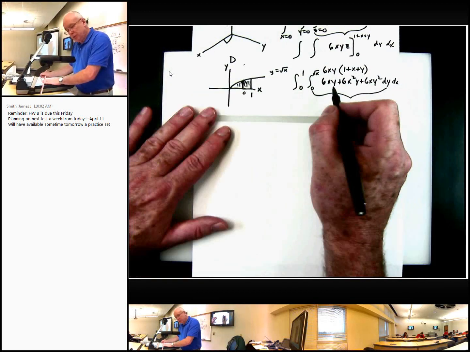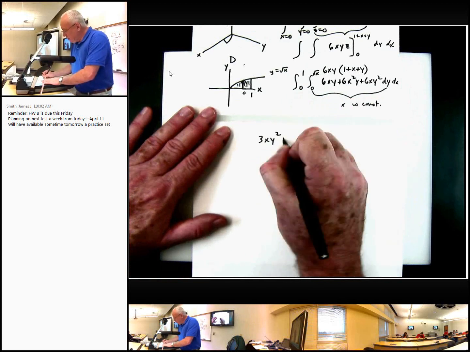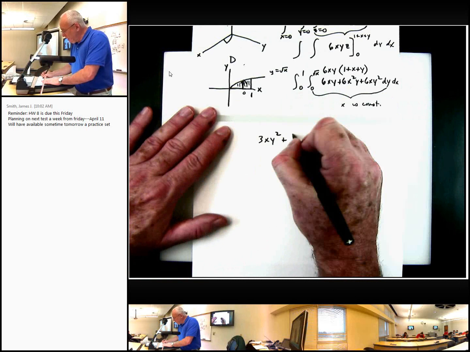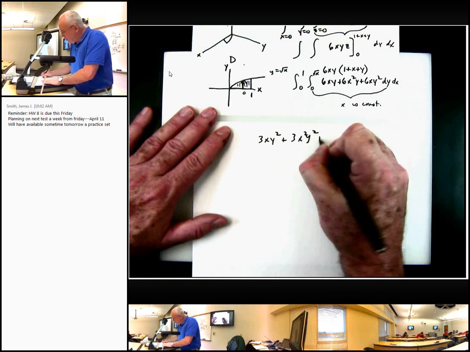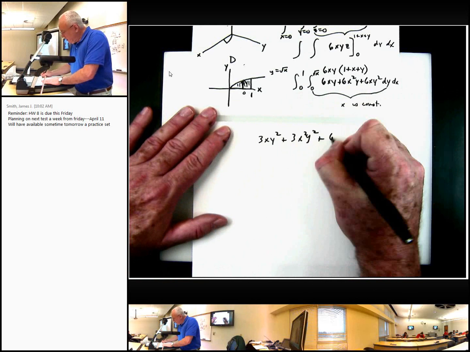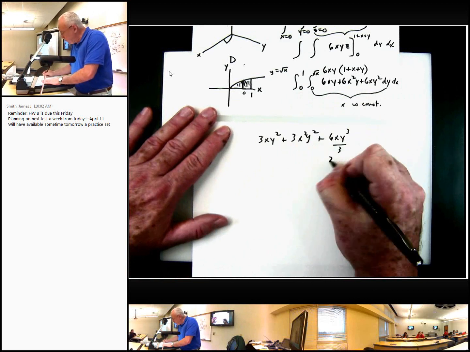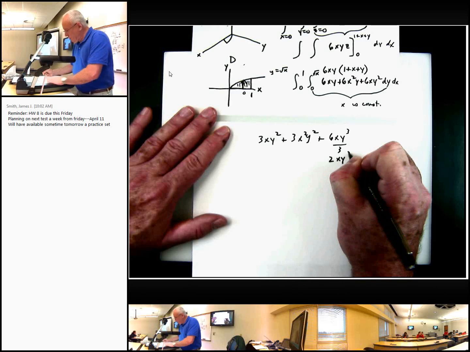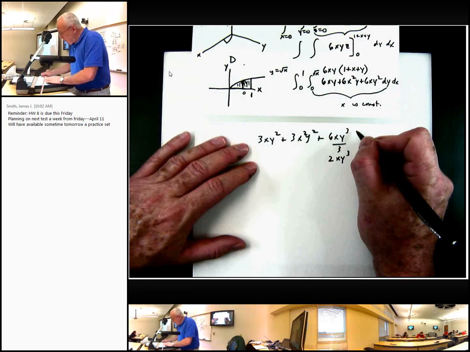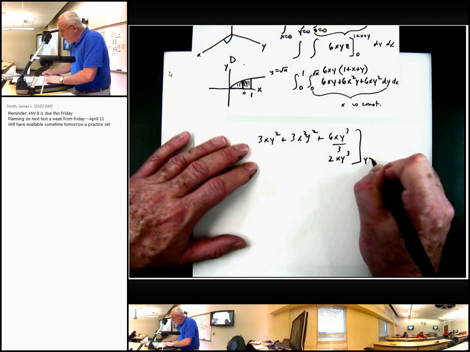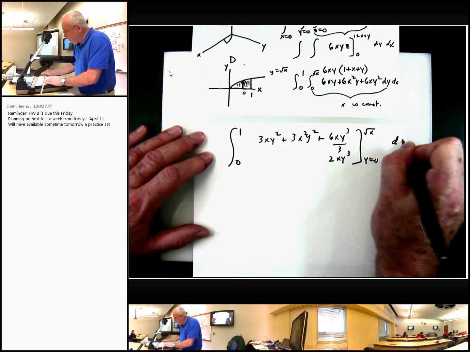I think the first one's going to be 3xy squared plus 3x squared y squared plus 6xy to the third over 3, which is 2xy to the third. And then that gets integrated from y equals 0 to the square root of x, and then our outer one is 0 to 1 dx.